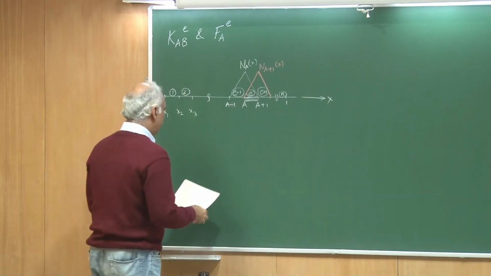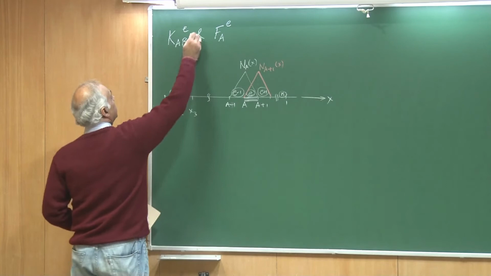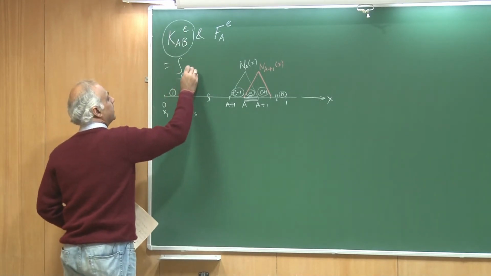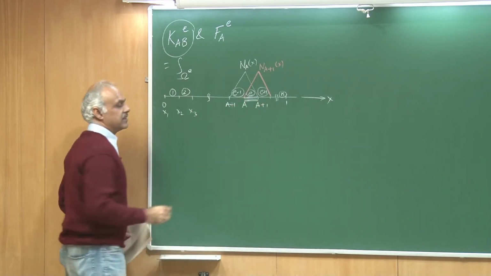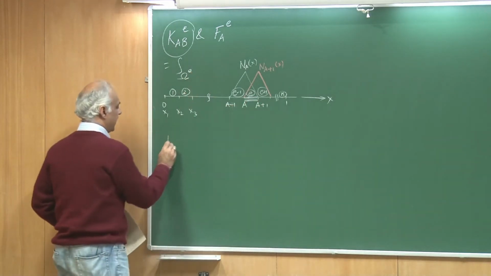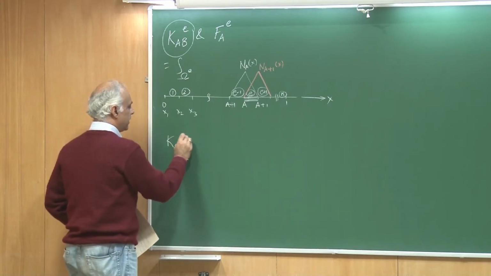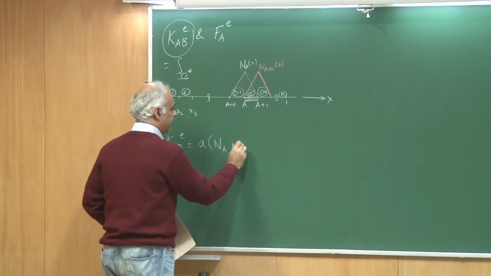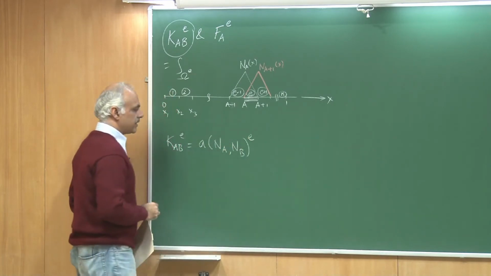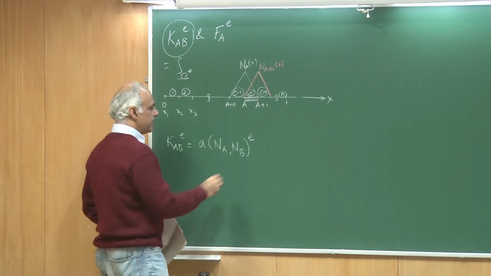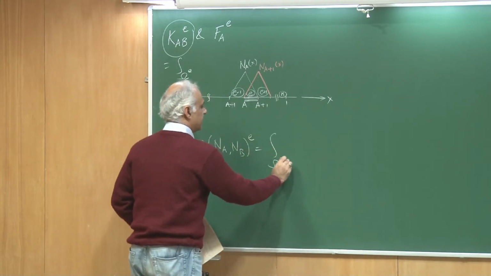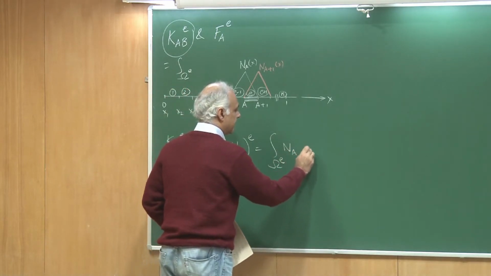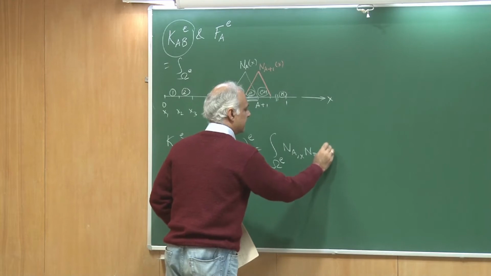I am now supposed to evaluate this integral K_AB^e, which is an integral over omega E, so only within this domain. Please recall that K_AB^e is given as a of N_A, N_B evaluated at element E, which in fact is over the domain omega E, N_A comma x and N_B comma x dx.